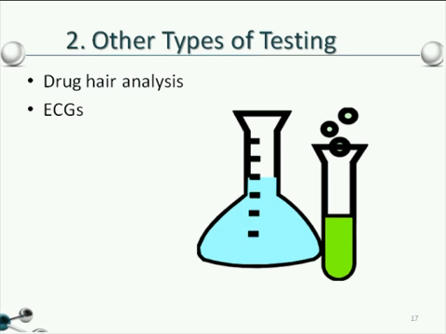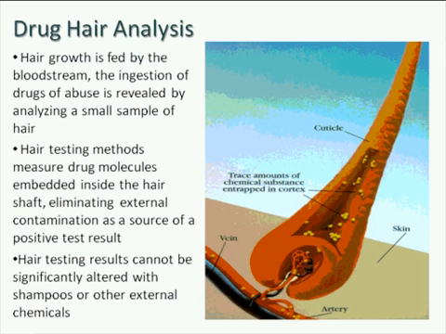So the other types of testing are drug hair analysis and ECGs. So drug hair analysis, essentially, when you have someone that does drugs, the drugs are metabolized into the bloodstream. As the blood nourishes the follicle, the chemical substances get entrapped in the cortex of the hair shaft.